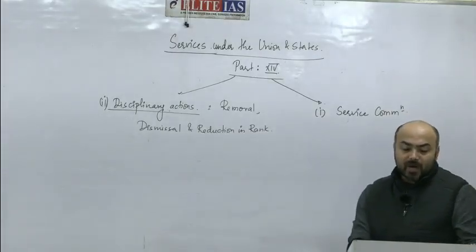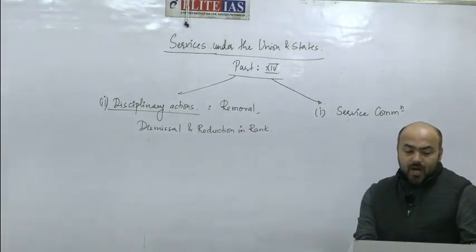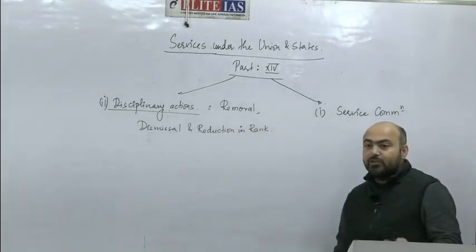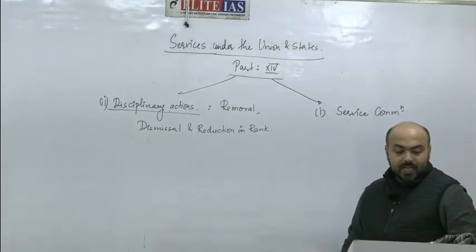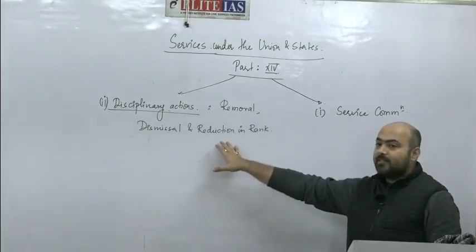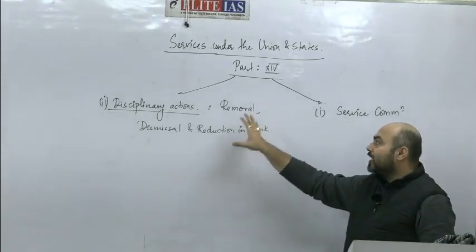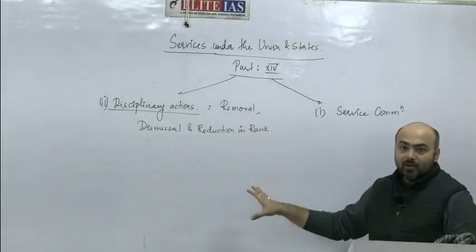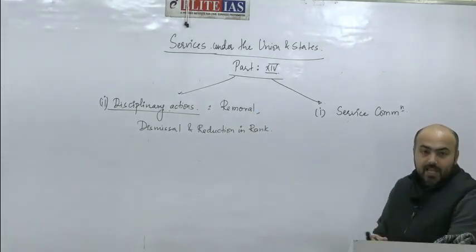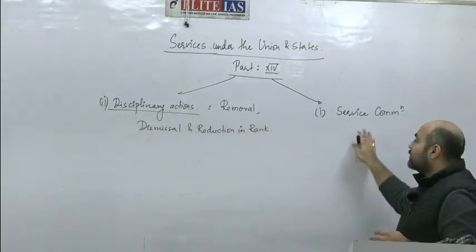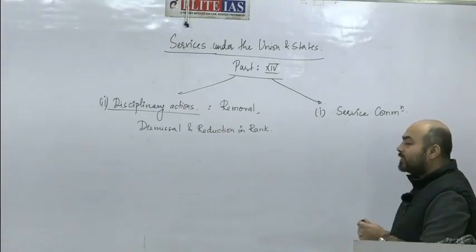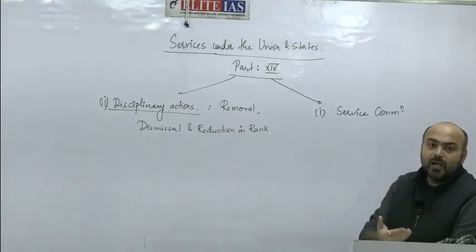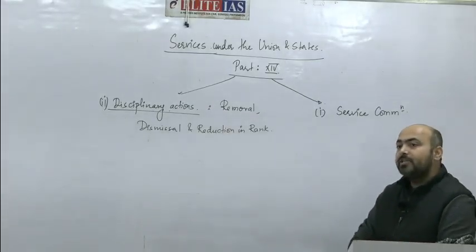What are those two aspects? First, it talks about disciplinary actions, that is removal, dismissal and reduction in rank of civil servants. And second, it talks about creation of public service commissions, and obviously who are to be appointed to such public service commissions.